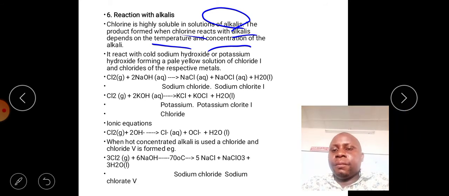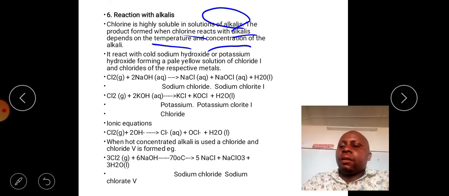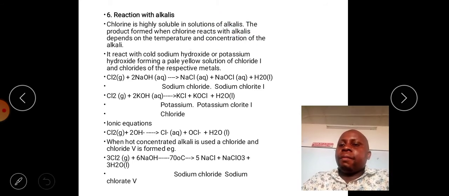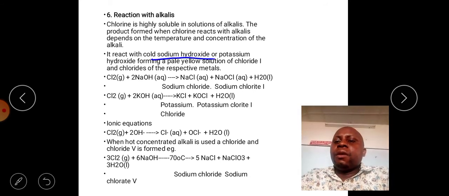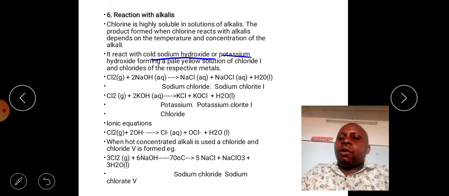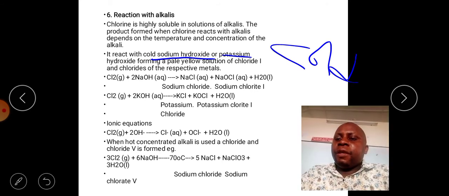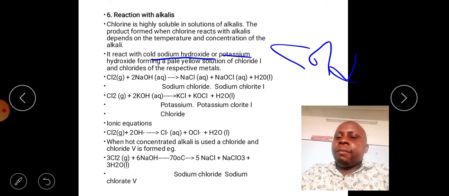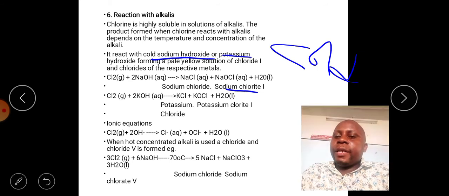For instance, it reacts with cold sodium hydroxide or potassium hydroxide. If these alkalis are cold, or at low temperature, the products formed will be sodium chloride and sodium chlorate 1, and water.